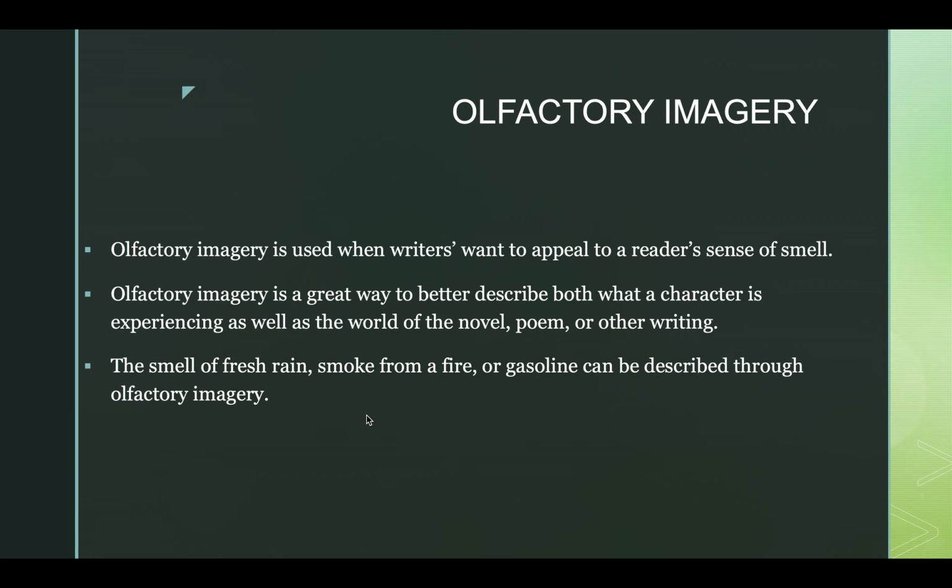If you have just gone through the garden and maybe watered, it happens to me when I'm watering and the water touches my herbs, the scent of the herbs rises up. So you're talking about the smell of the lavender, the smell of the peppermint, the smell of the rosemary, the smell of the basil. And all of these things having to do with smell all come back to olfactory imagery.